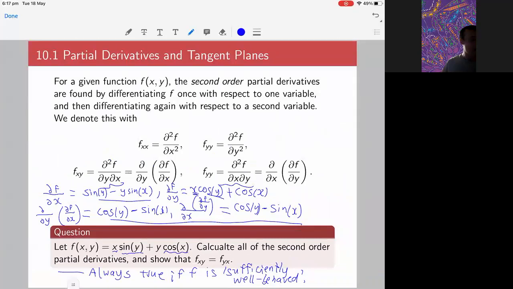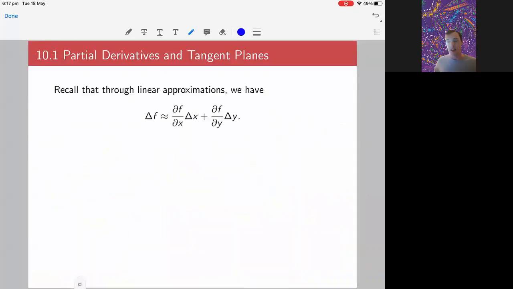So, for example, you may remember that if we've got a function of multiple variables, and we take a point and move x a little bit and move y a little bit, then the total amount that f changes by is the amount that x changes by multiplied by the derivative of f with respect to x, plus the amount by which y changes multiplied by the derivative of f with respect to y at that particular point.